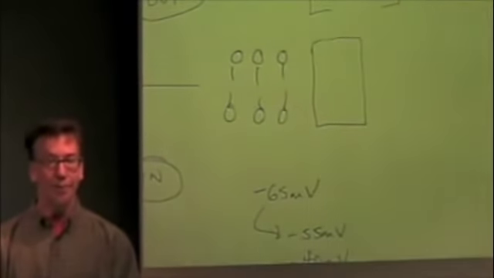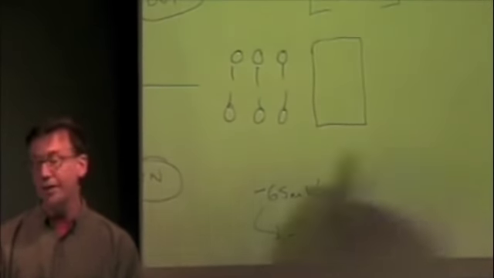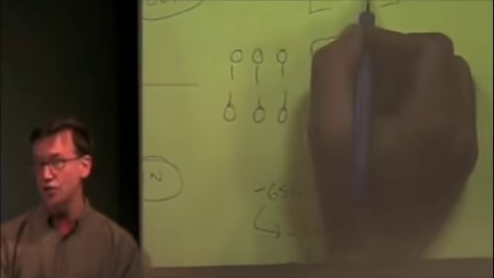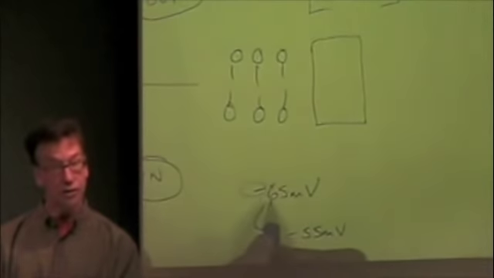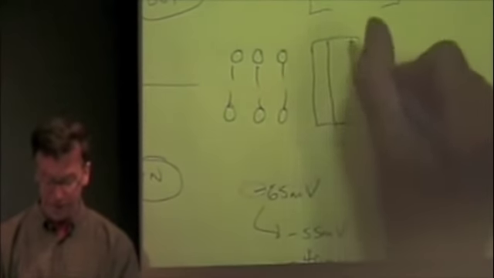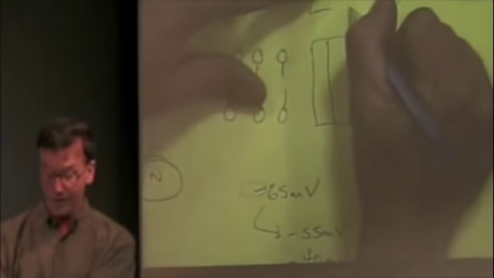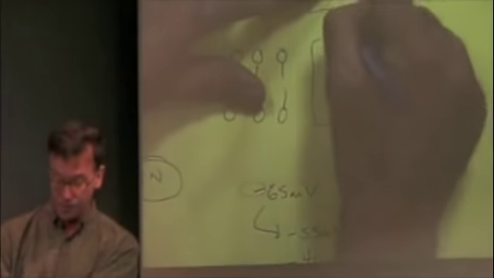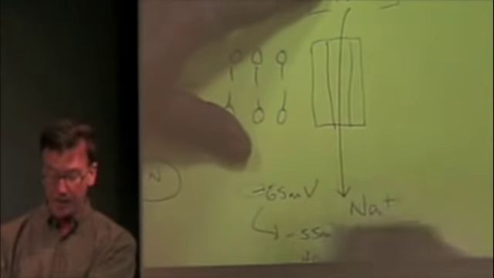Remember, the pump has kicked it all outside. The membrane is generally not very permeable to sodium, and it's a positively charged ion, and the inside is negatively charged. So if the neuron opens channels that allow sodium to pass through, the concentration gradient force and the electrical force are aligned to really drive sodium into the cell, into that neuron.